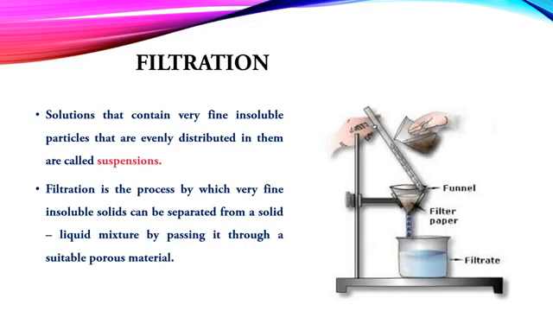The milk passes through the cloth whereas cream is left on the cloth. At water treatment works, the river water or lake water is filtered by using sand filters. A mixture of two liquids cannot be separated by filtration. A mixture of milk and water cannot be separated by filtration.